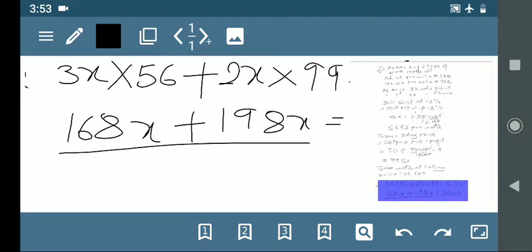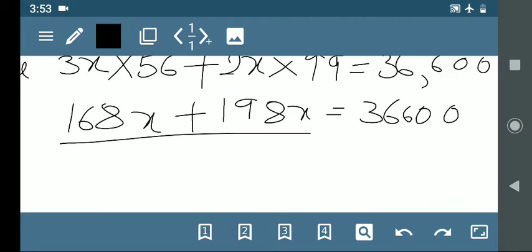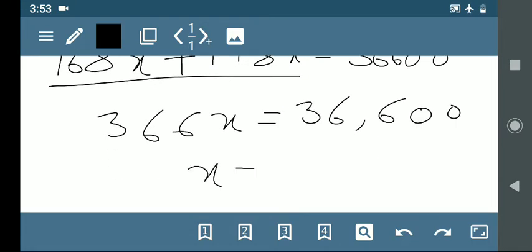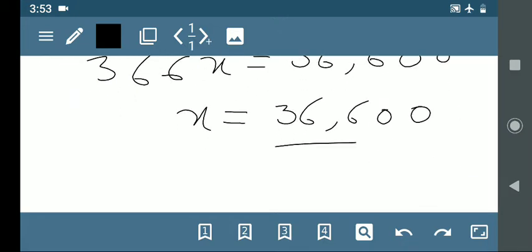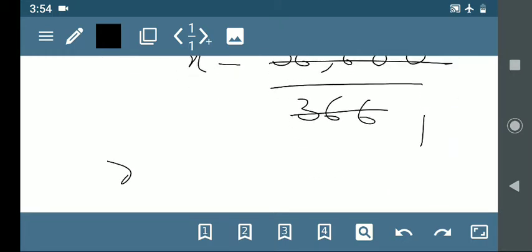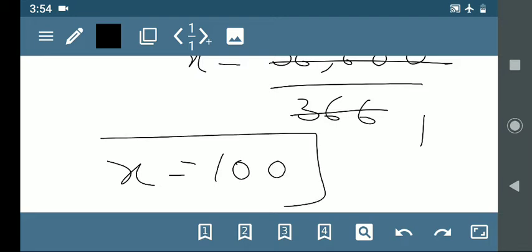Now add these two. 168 plus 198 is 366, so 366x is equal to 36,600. Therefore x is equal to 36,600 divided by 366. So x is equal to 100.